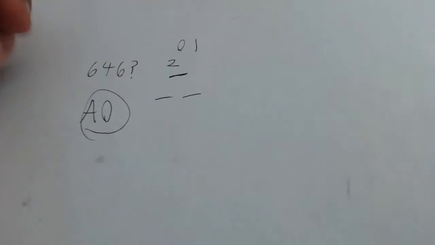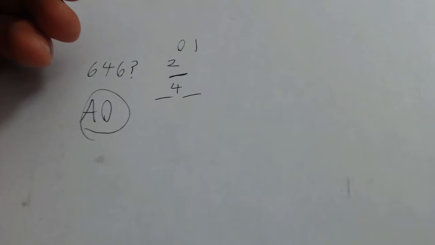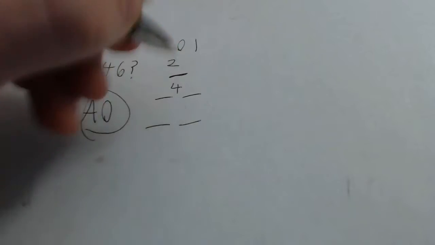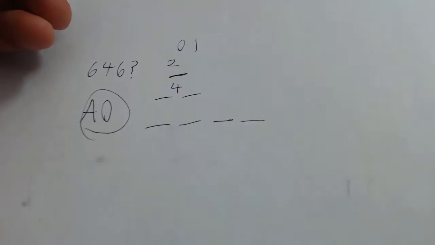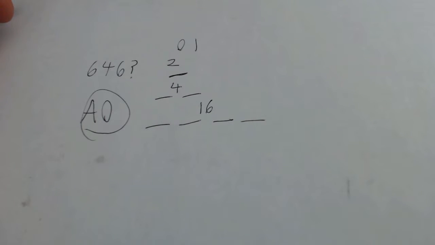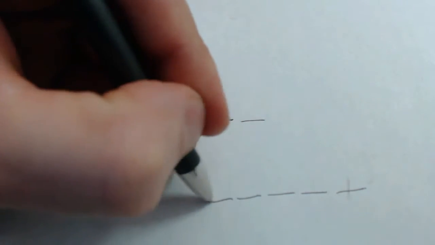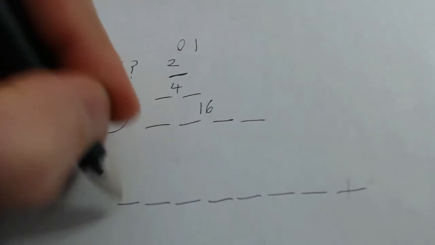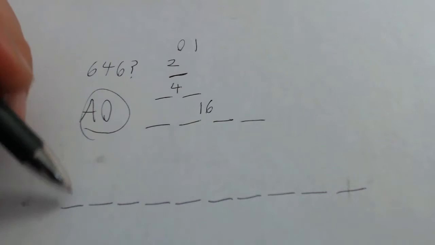A 2-bit number can give us 4 different arrangements of 1 and 0. A 4-bit number can give us 16 different arrangements of 1s and 0s. So the question is, the 10-bit number that A0 is capable of giving us, how many different arrangements are there for that?